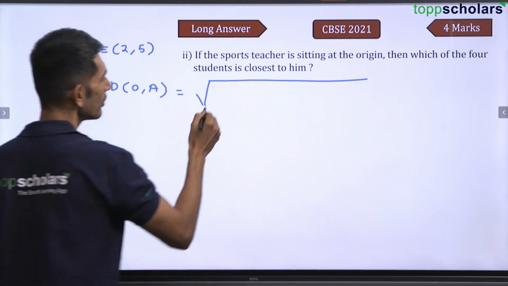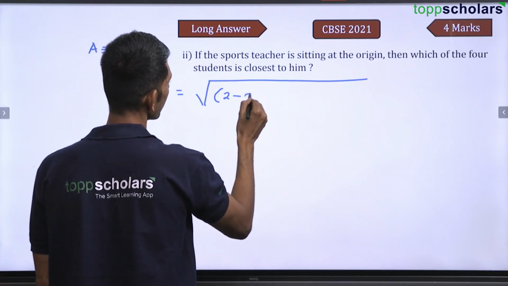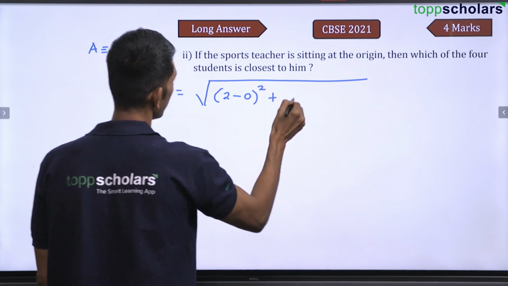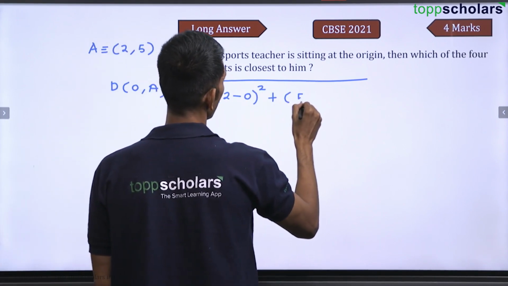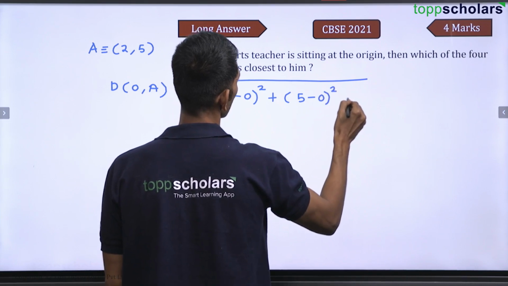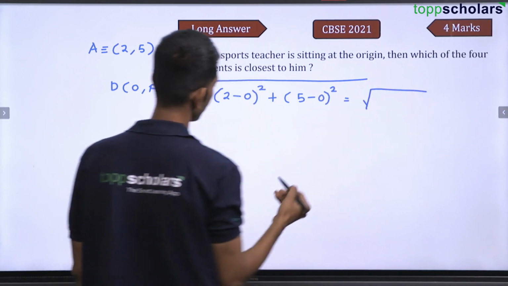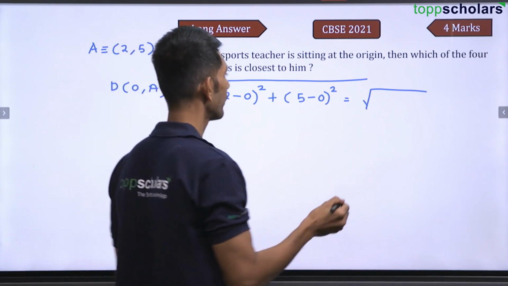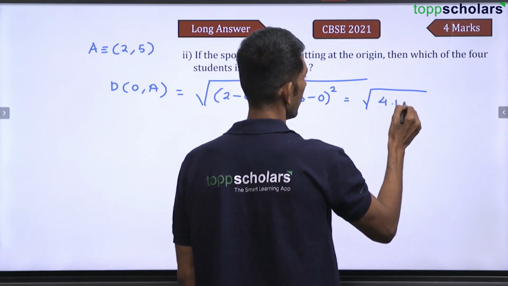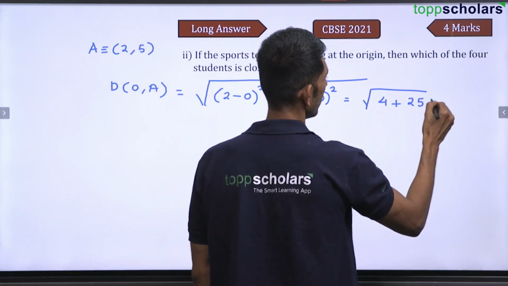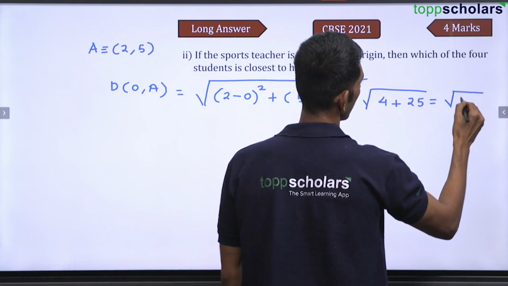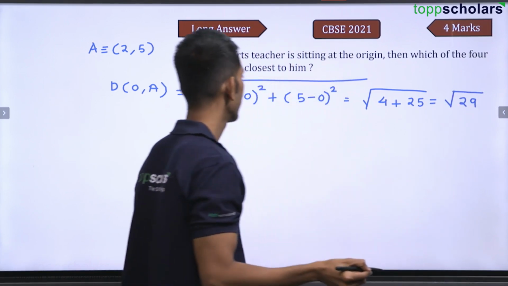Origin is 0, 0. So can I say I'll have 2 minus 0 the whole square plus 5 minus 0 the whole square. That is equal to under root, 2 square is 4 plus 5 square is 25. That is equal to under root 29, right?